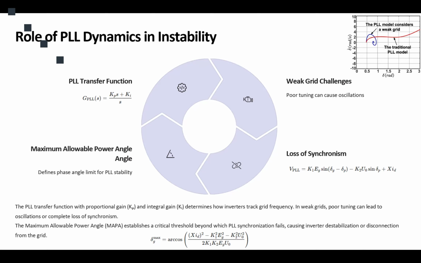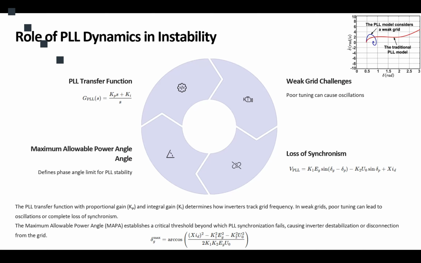So I want to ask you if you have any suggestion why the swing equation is dominated by the values related to the PLL, rather than that current control or power control that we had in our grid following. Anyone has any guess for that?